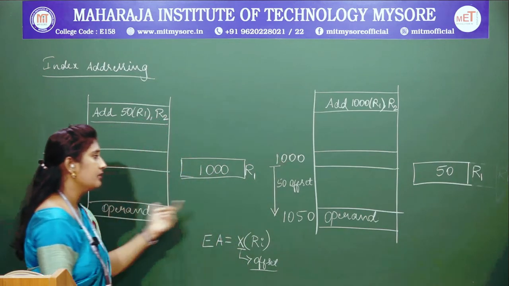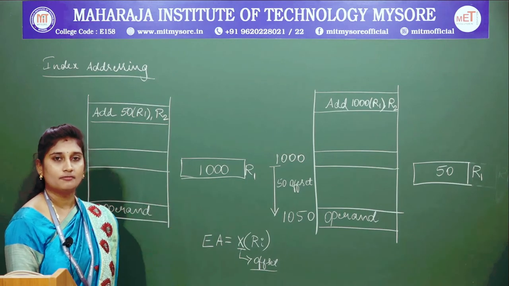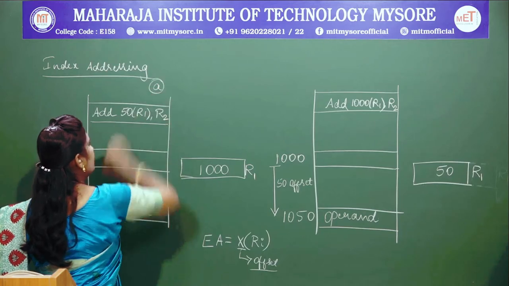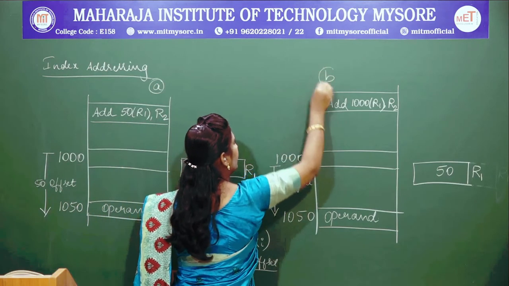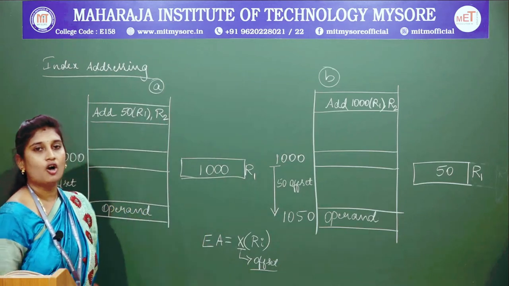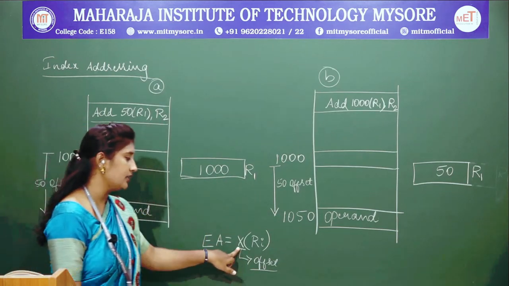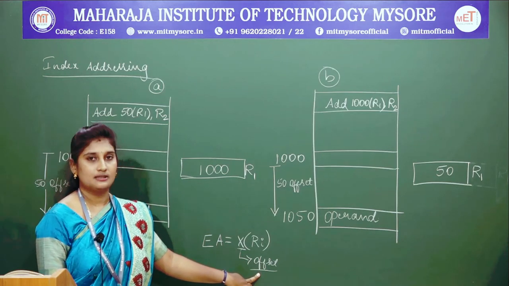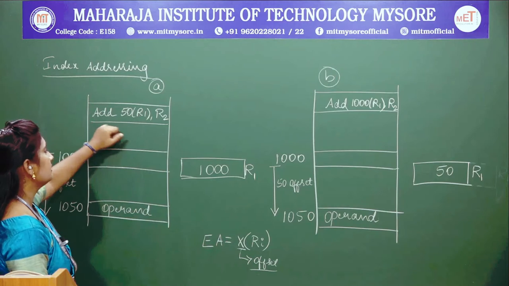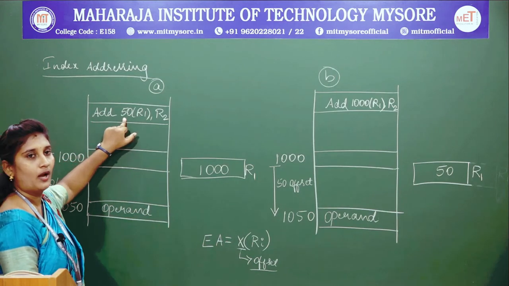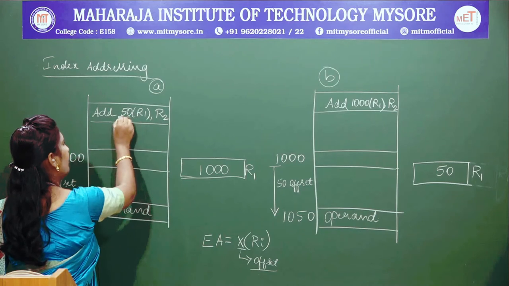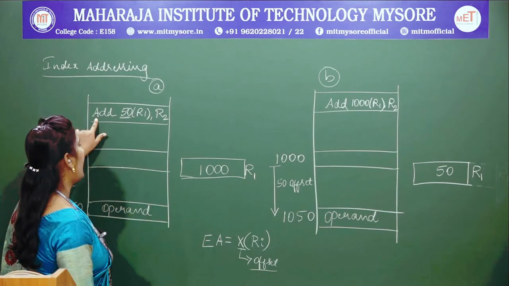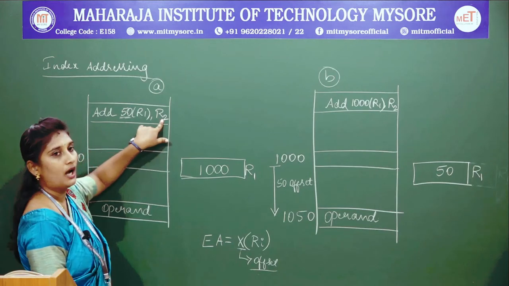So here I have written two memory mappings of the instruction set: consider this the first case, and let this be the second case. In the first case, what is the offset? The constant value is called the offset or displacement. Here in the first case, the offset or displacement value is given as a value itself in the instruction. The instruction is add 50(R1), R2.